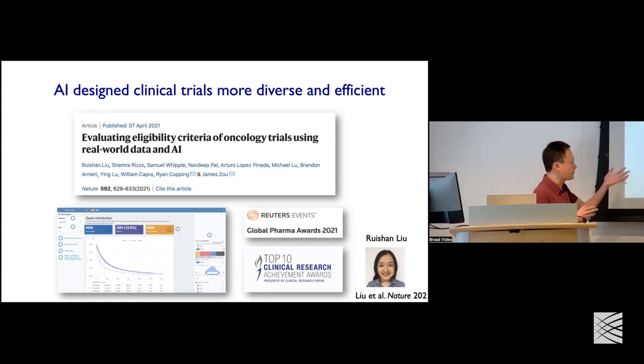We're actually quite excited that this is now being used by the largest pharma companies like Roche and Genentech to help them design some of the new cancer trials. It's also selected by the pharma industry as the top data science innovation last year, so we're excited that it's getting a lot of uptake.